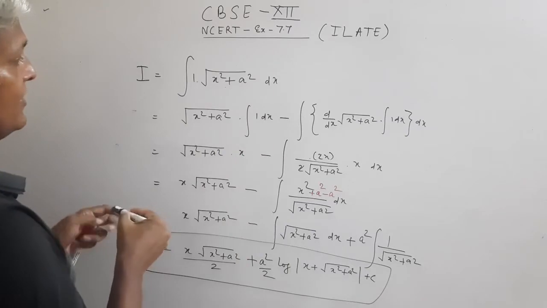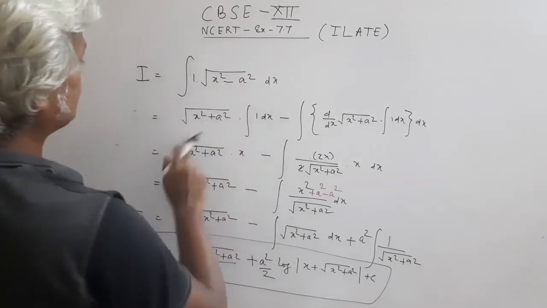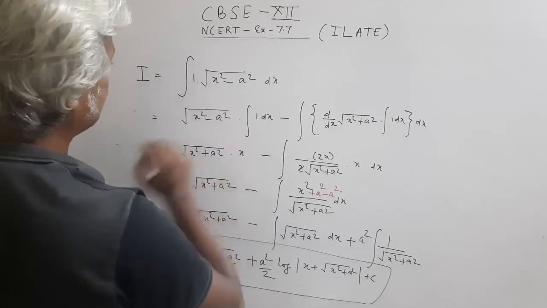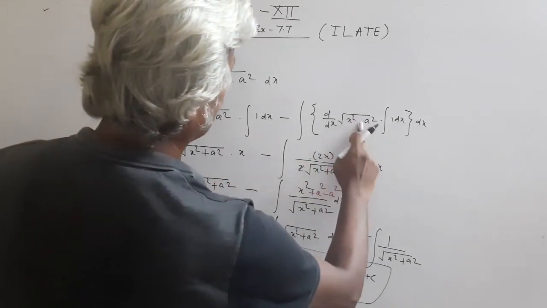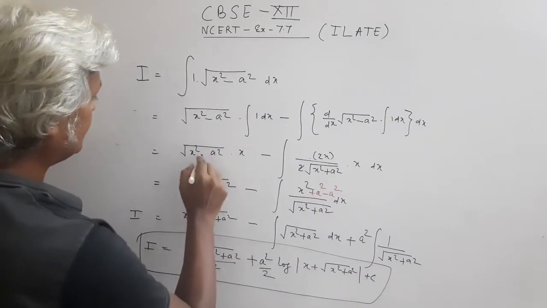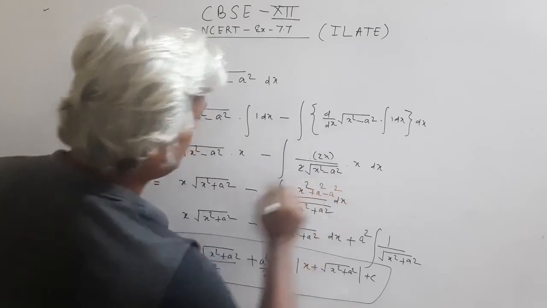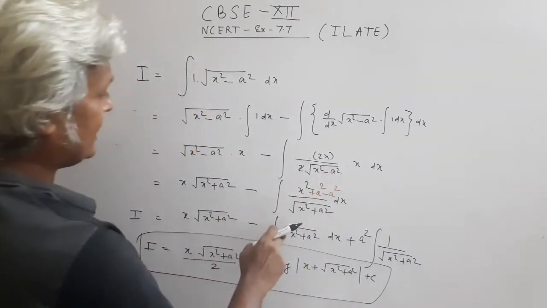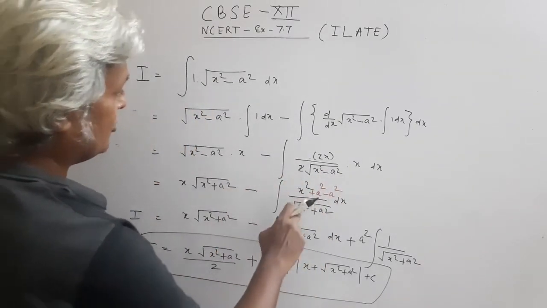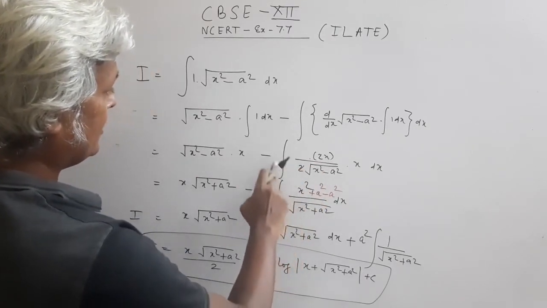One by one, slowly, you'll find this one becomes minus, this becomes minus, this becomes minus, then there it is, you get this x square.